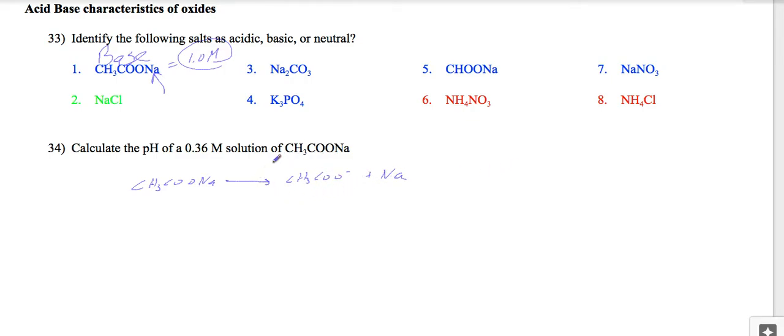This right here is the conjugate base of a weak acid. This can go through another ionization process. So if I have 1.0 molar of this, that means I have 1.0 molar of this. So I can go CH3COO-.